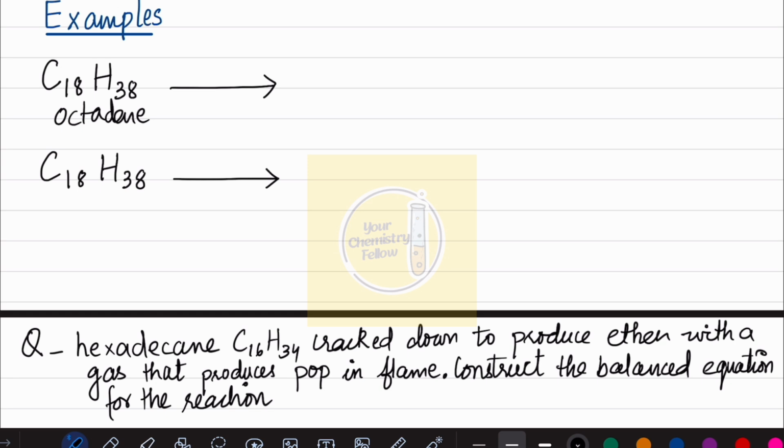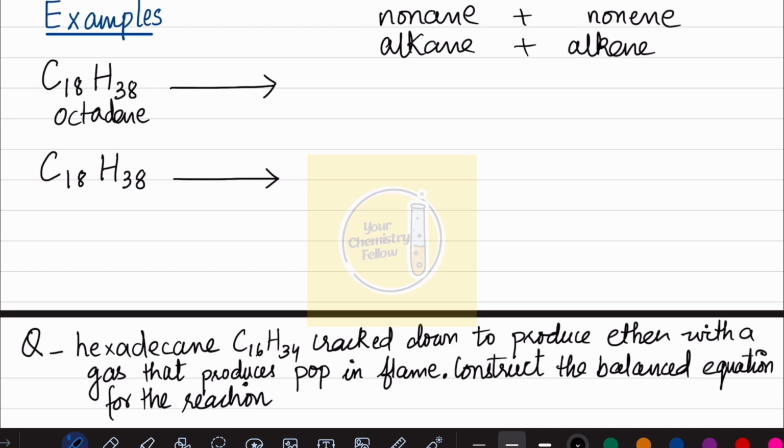I am taking 9 carbons in the alkane and 9 carbons in the alkene. So alkane plus alkene will be the product. For the alkane I am taking 9 carbon atoms, which means that nonane will be formed. And for the alkene, 9 carbon atoms means nonene will be formed.